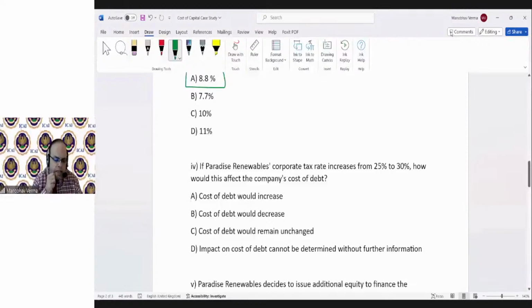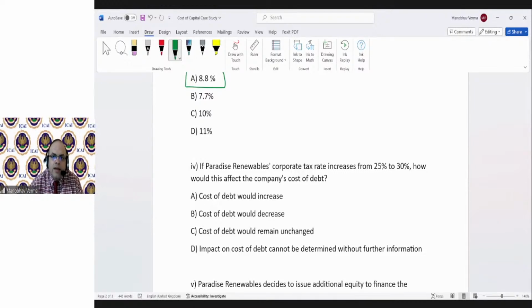I got one answer, guys. Give me the answer in terms of 4A, 4B, 4C. This is the fourth question we are doing. So if the corporate tax rate is increasing, is this going to impact my cost of debt? I think unanimously everyone is giving me 4B. The cost of debt would decrease.